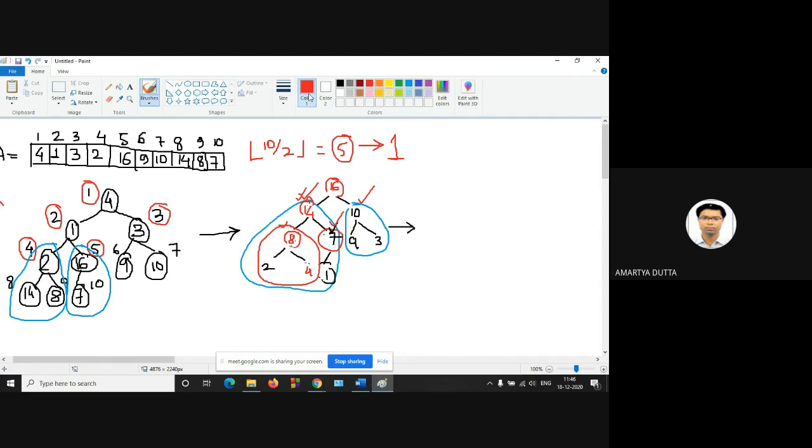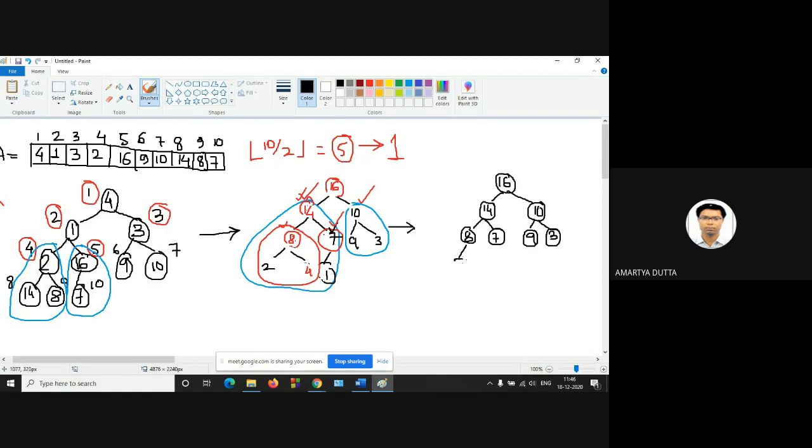So the final heap structure will be 16 at the root. From 16 we are getting 14 and 10. From 14 we get 8 and 7, and from 10 we get 9 and 3.